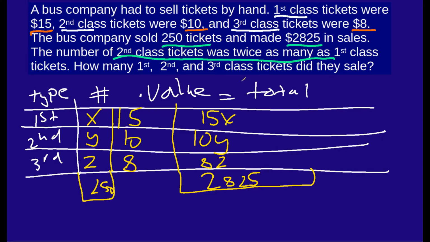And so if we take our knowledge here, we can actually convert these into equations. But there's something I want to emphasize before I do all of my equations here, and that is this information right here. We know that the second class tickets was twice as many as the first class. So what that's basically telling us is that y, which stands for my second class tickets, is twice as many as my first class tickets, which is x.